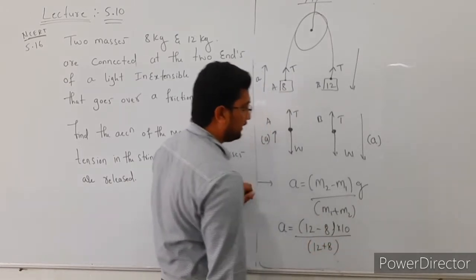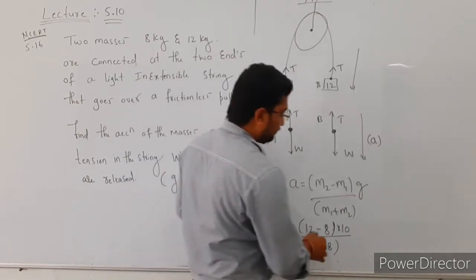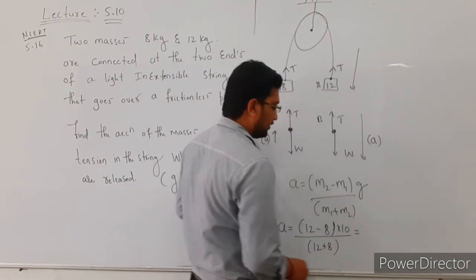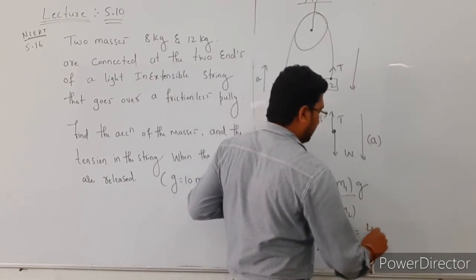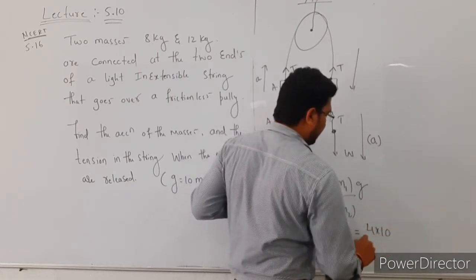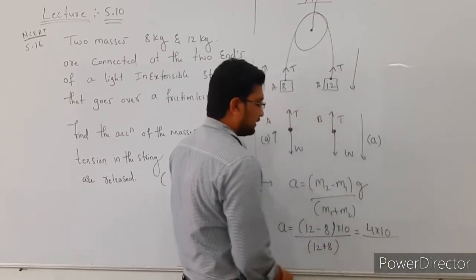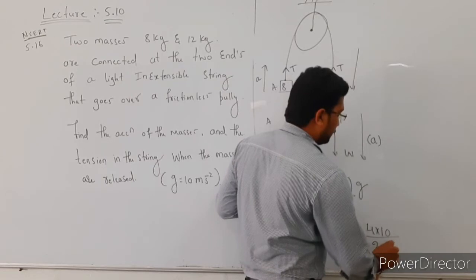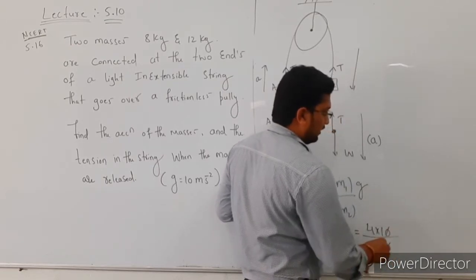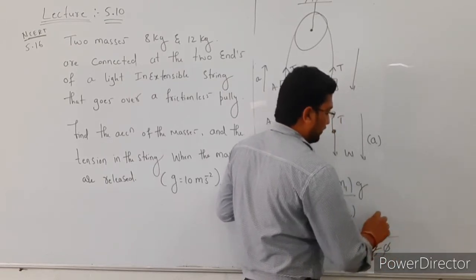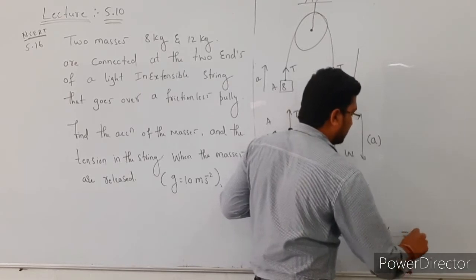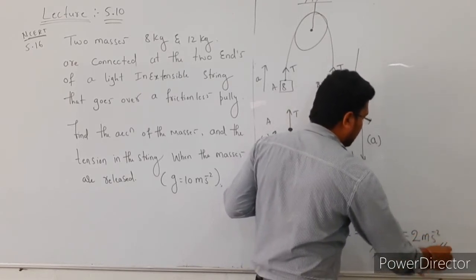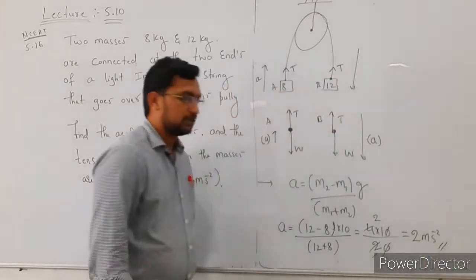So this becomes 12 minus 8, that is 4, into 10 divided by 12 plus 8, that is 20. This gets cancelled: 2 ones are 2, 2 twos are 4. So the acceleration of the system is 2 meter per second square.